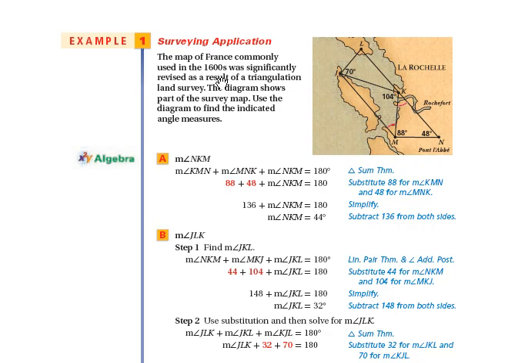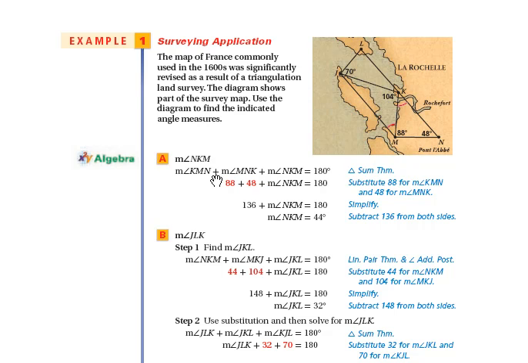and they have a diagram of a map with some triangles drawn in and some different angles. What you need to do here is be able to find the measure of certain angles. As you go through this, what you're looking for is that all three angles equal 180 degrees.